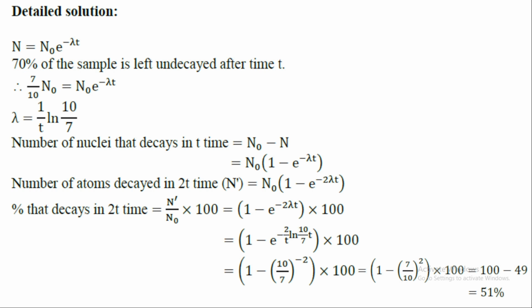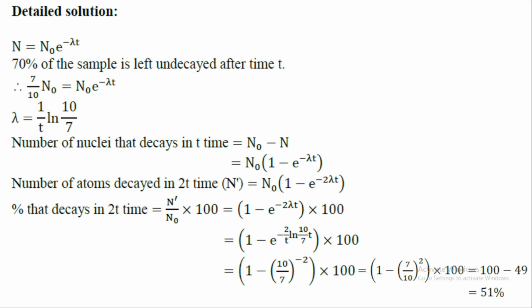This is natural log, base e, because we had e raised to the power of minus lambda t on the RHS. So we convert it into natural log: 1 by t multiplied by natural log of 10 by 7. Why 10 by 7? Because we had e raised to the power of minus lambda t.